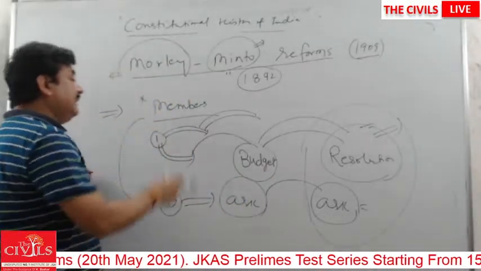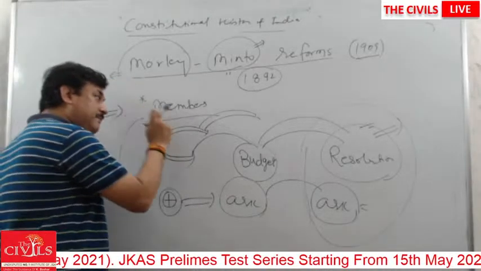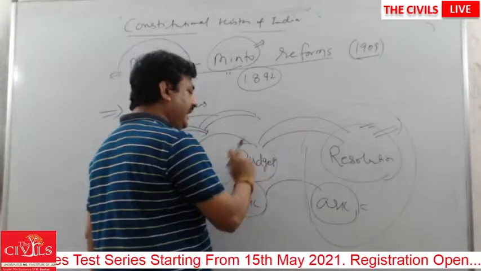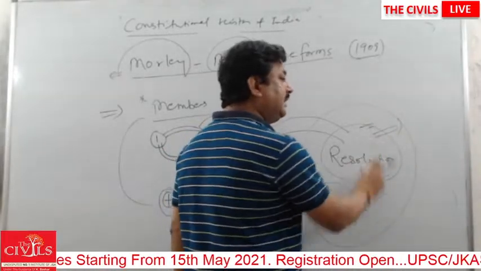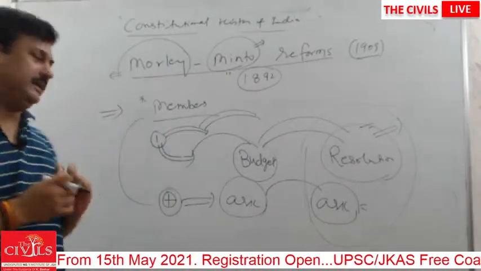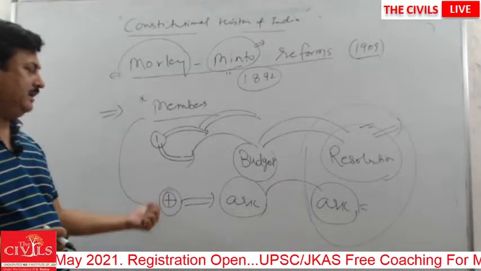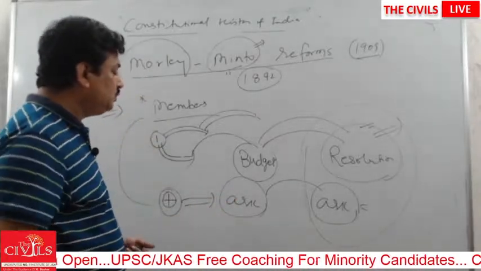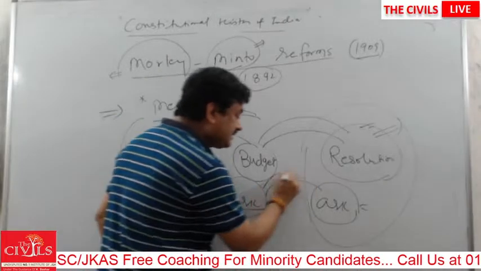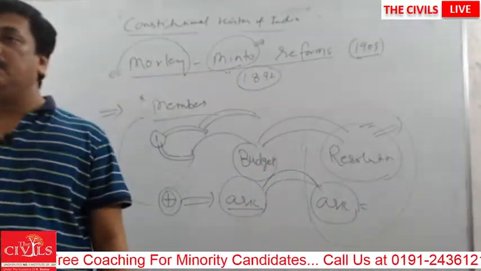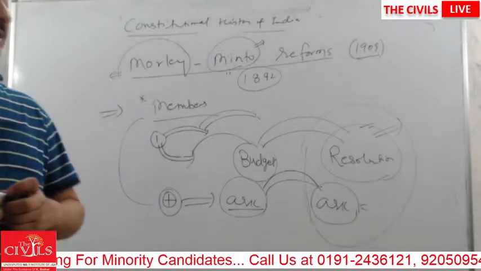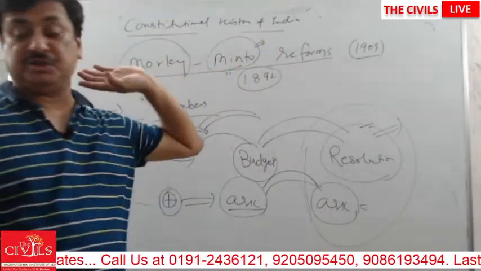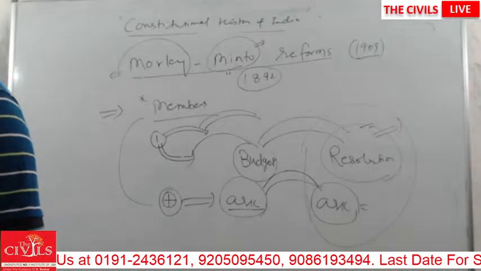So by this act, the members of the Central Assembly not only got the right to discuss, but also the right to move resolutions before the passage of the budget. The second most important point: the members also had the right to ask supplementary questions, and this power was not available to them before this act. This is also very important.